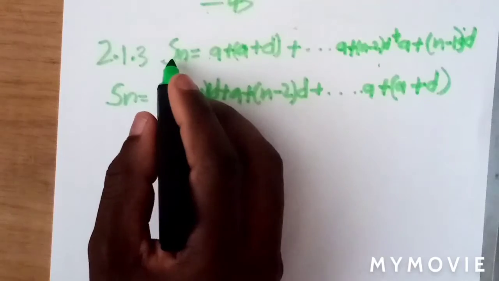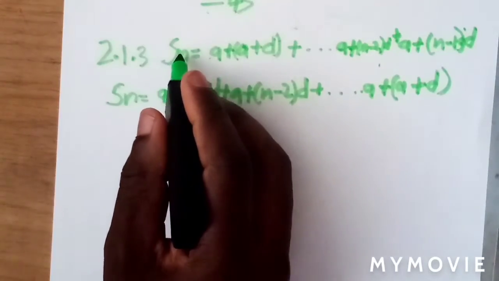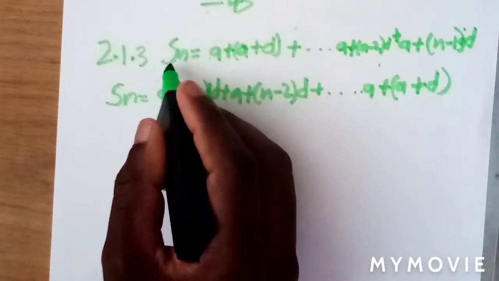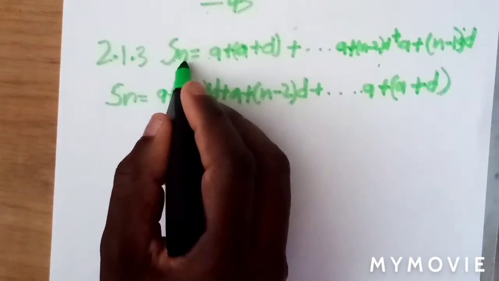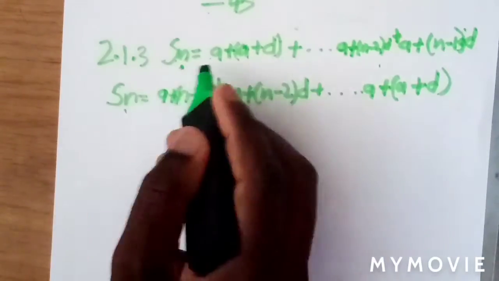Therefore, the next step, you add these equations, which means Sn one plus Sn two. You add them.